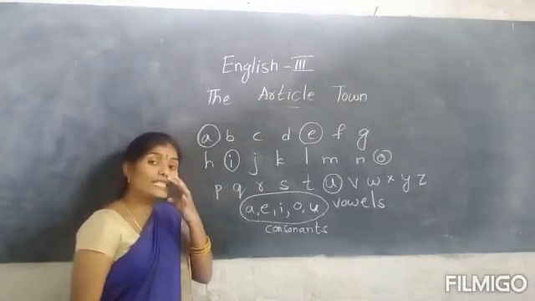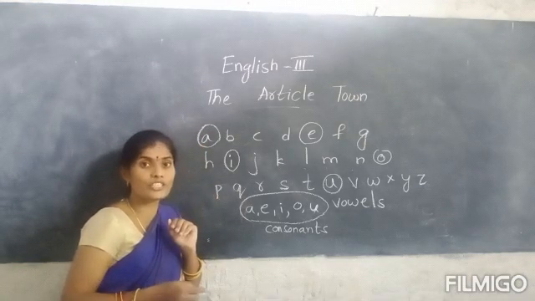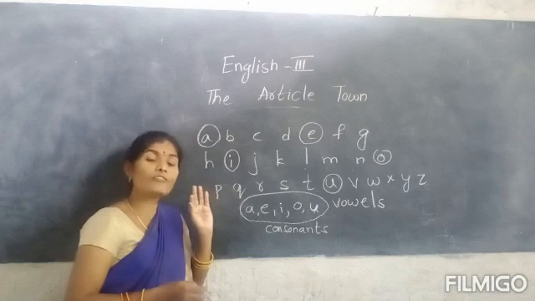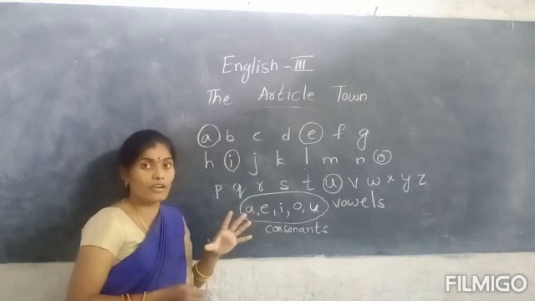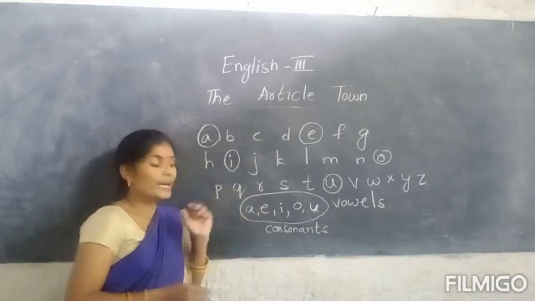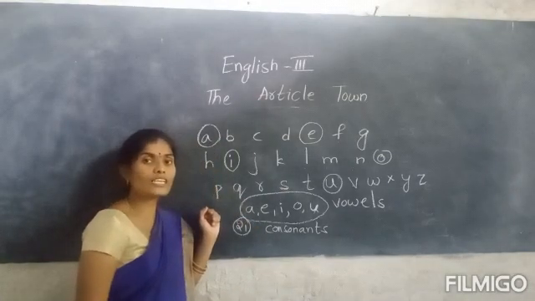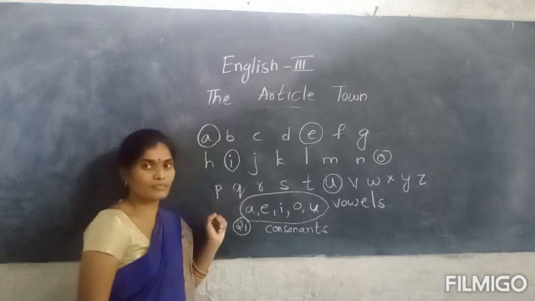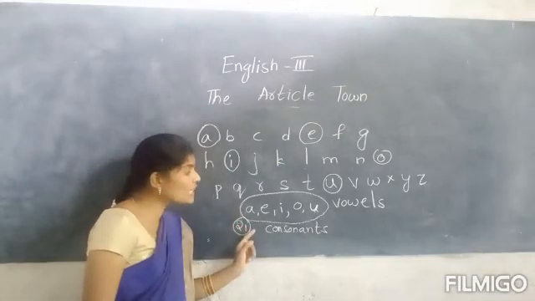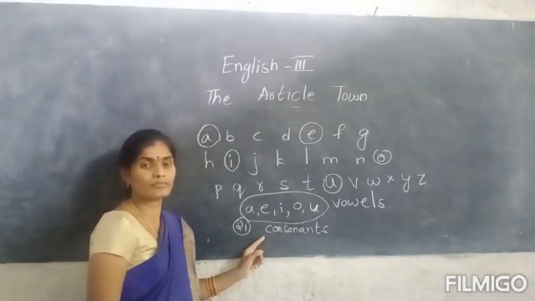Totally 26 letters are there in the English alphabet. In it, 5 are vowels. Remaining 21 are consonants. How many consonants are there? 21.